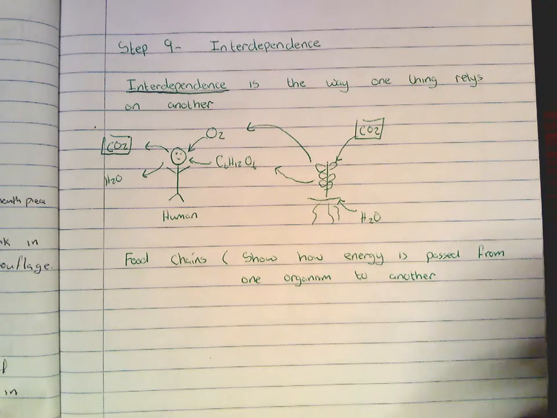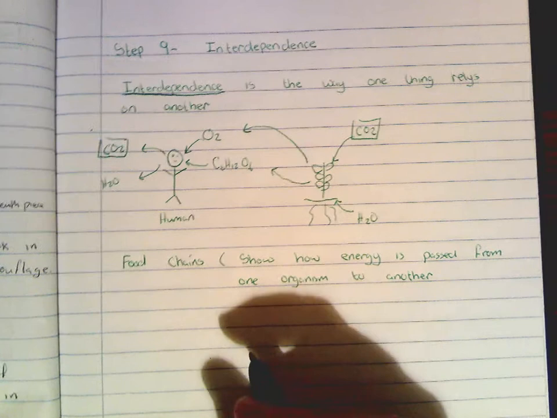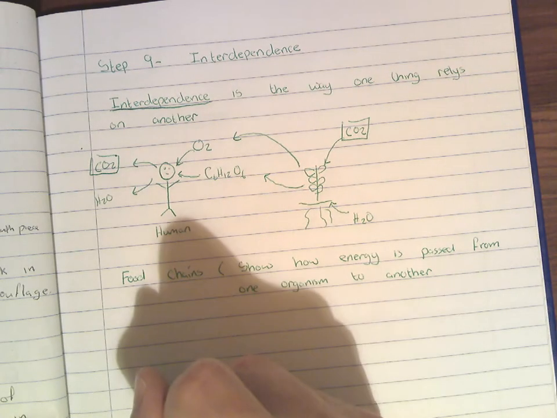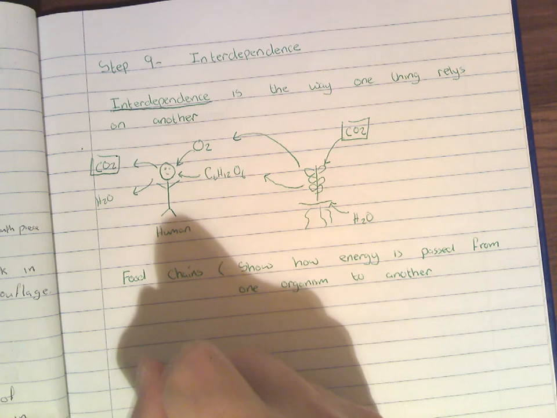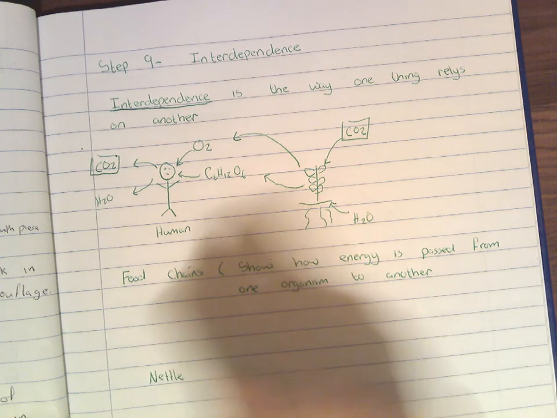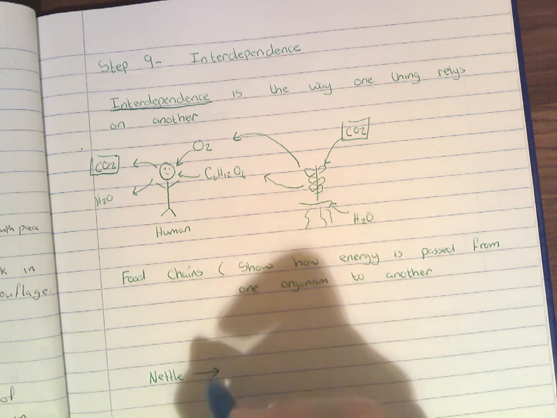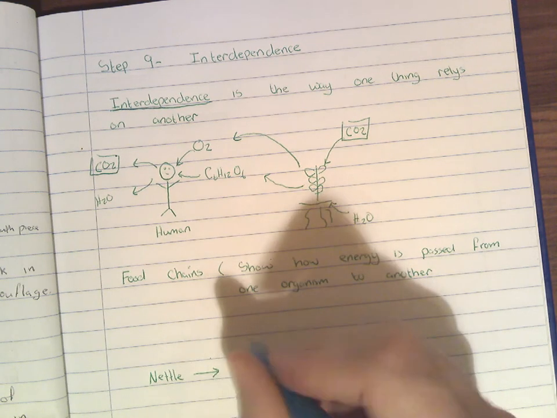So when we talk about food chains, we can talk about something like this, for example. So this is like a very common one. So if we take, for example, the nettle. So the nettle, so we know about nettles, we talked a little bit about them. So nettles are eaten by caterpillars.